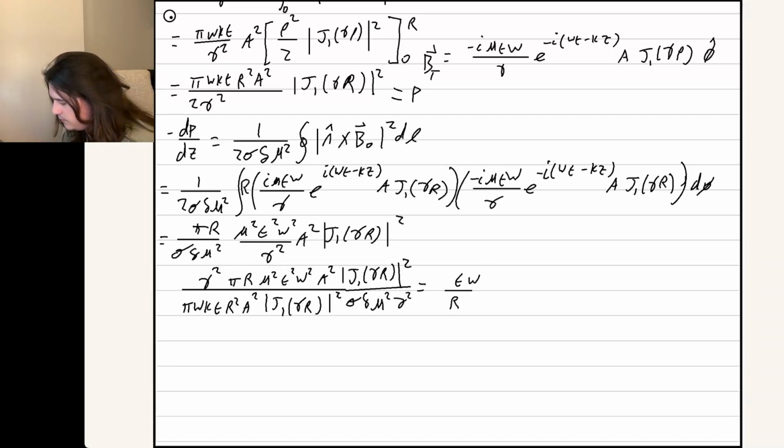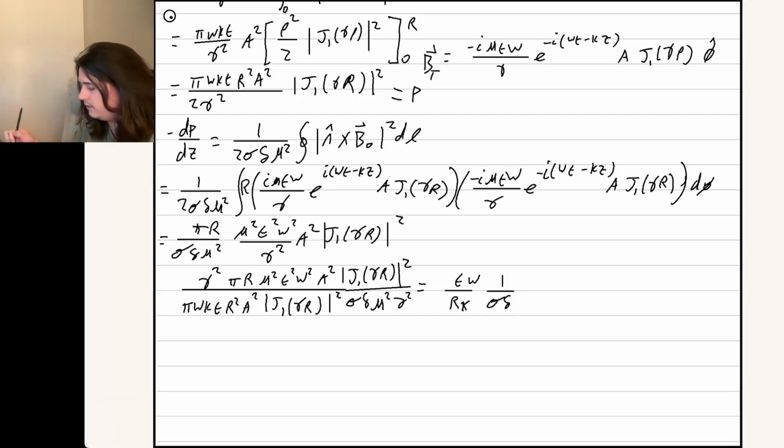So, no k. There's going to be a k on the bottom, though. And then the a squareds cancel out. So then now it's just, we had sigma delta, 1 over sigma delta. Now I'm just making sure I got that right. Yeah, sure. Okay, that's going to be your attenuation constant then.